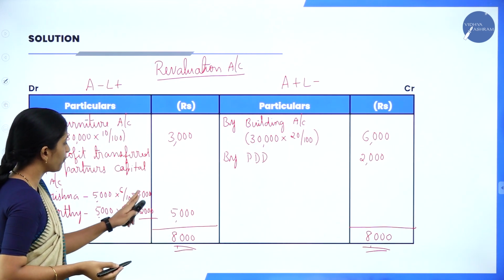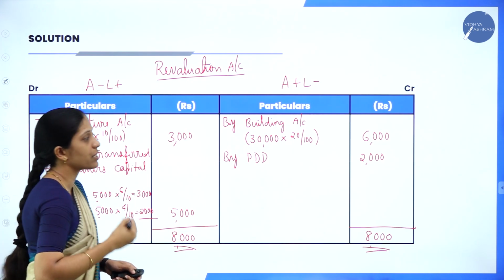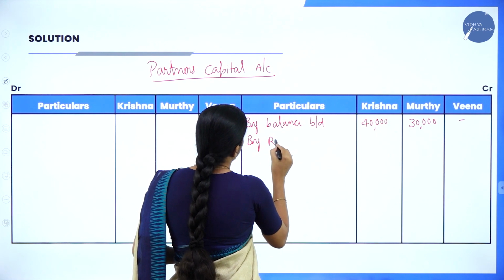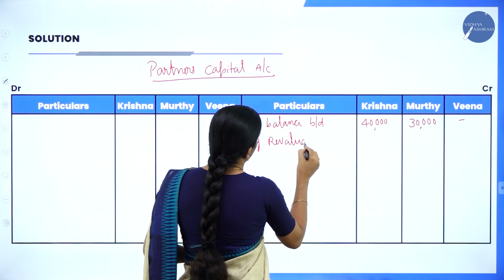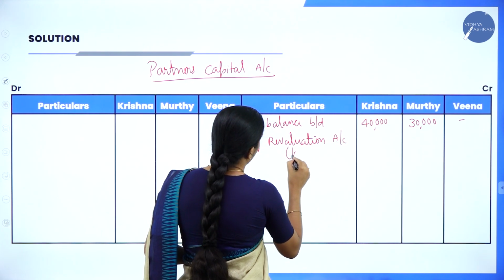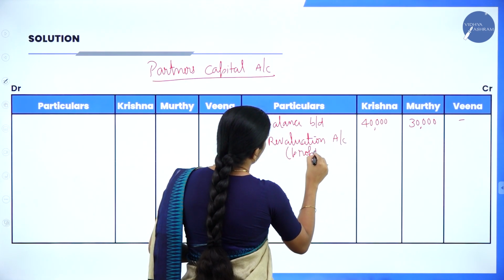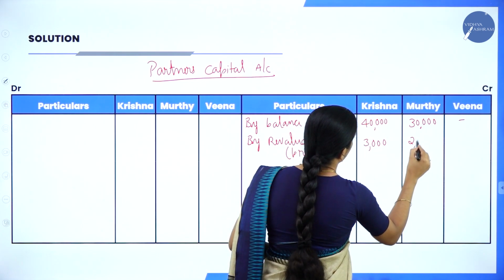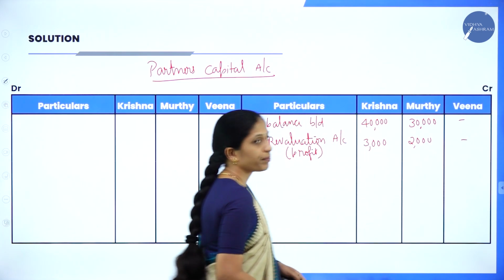So, we got profit of 3,000 and 2,000. So, you have to transfer. So, by revaluation account. In the bracket profit. So how much profit? 3,000 and 2,000.